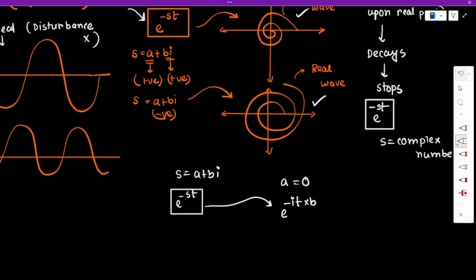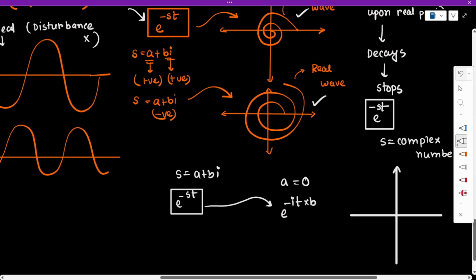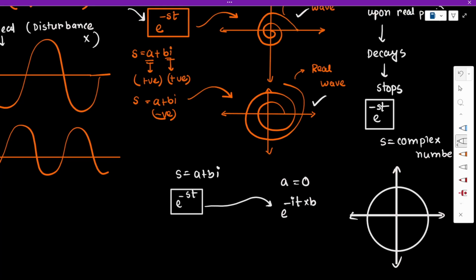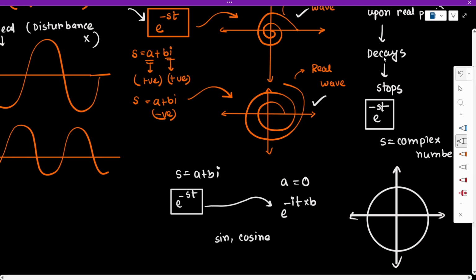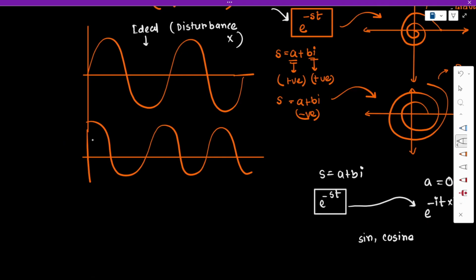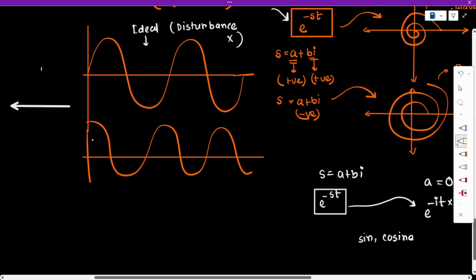Then the equation would be e to the power negative it times b, and we all know that e to the power negative it times b produces a circular motion like this. And we also know that the sine and the cosine waves can also be represented by circular motions, right?